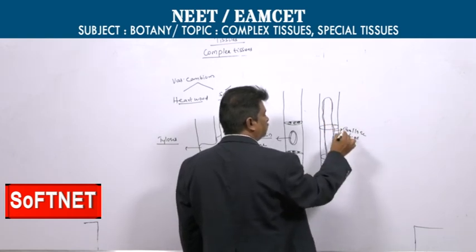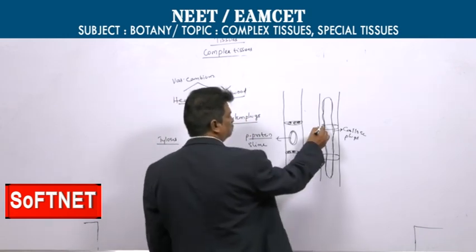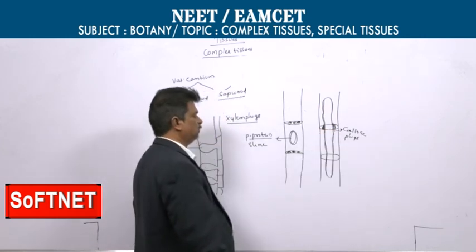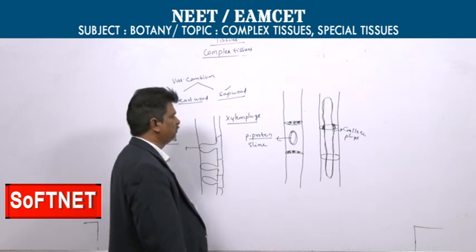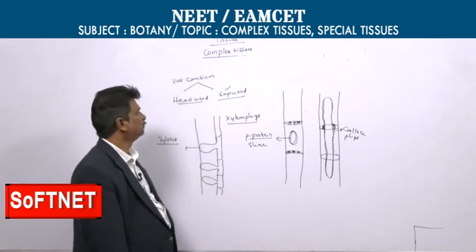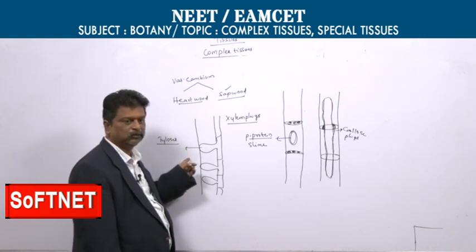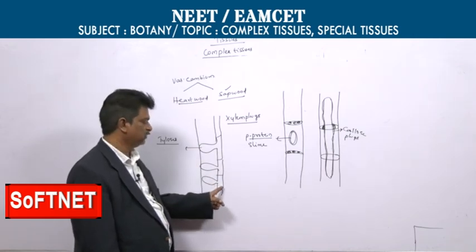This thin carbohydrate layer is called callose. In old phloem, this callose blocks the sieve plates, so they are rightly called callose plugs. This is additional information for Xylem and phloem, because last year in AIPMT, a question on Xylem plugs or tylosis was asked.